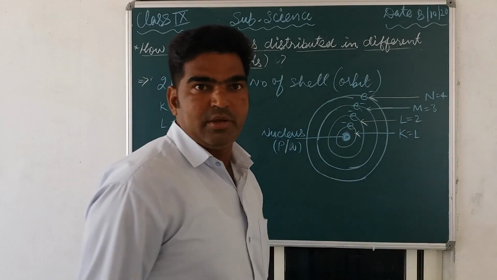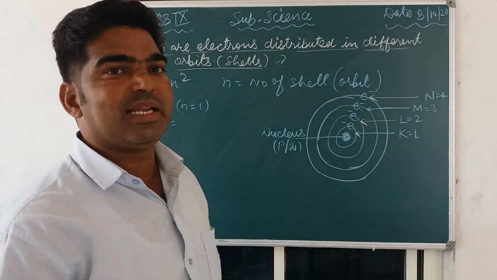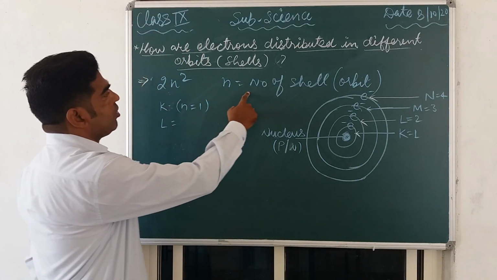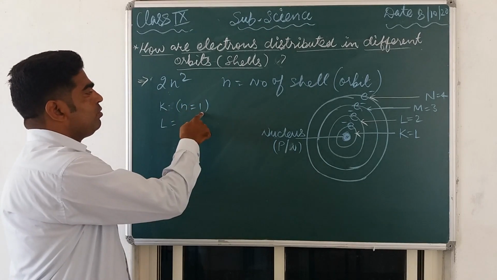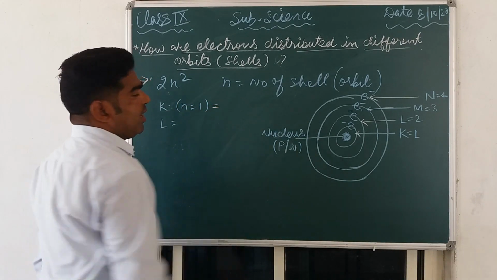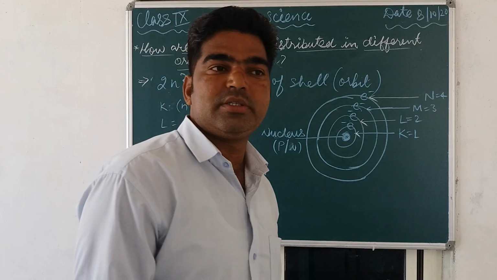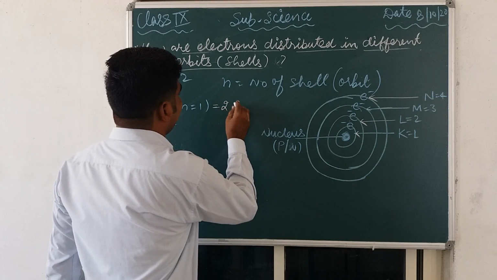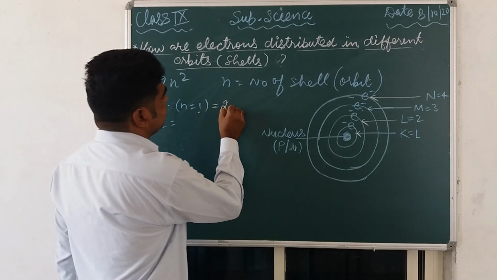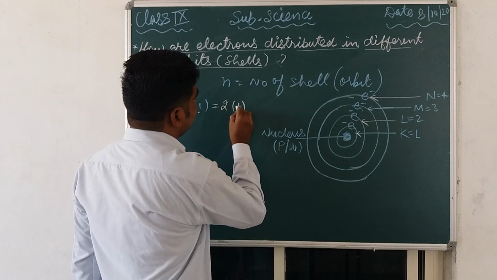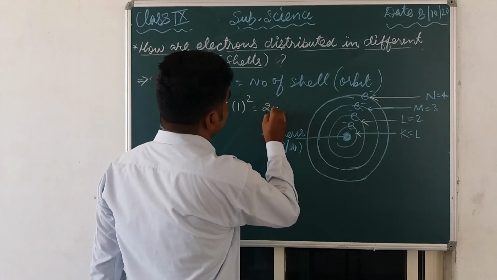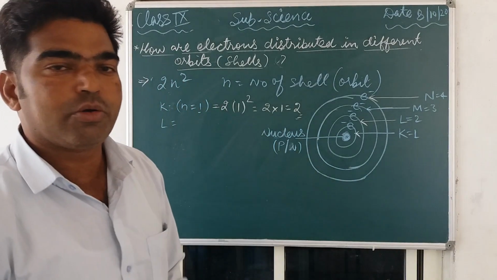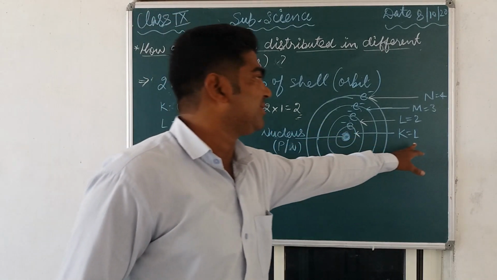You can calculate the number of electrons that can be occupied in the first K cell: 2n², with n equal to 1, so 2 into 1 square, so 2 into 1, means a maximum of 2 electrons. We can fill 2 electrons in the first K cell.